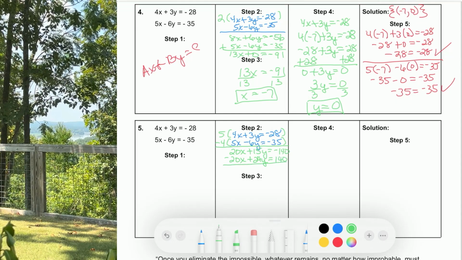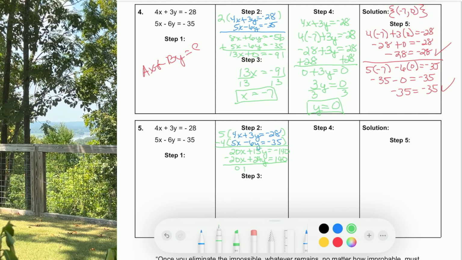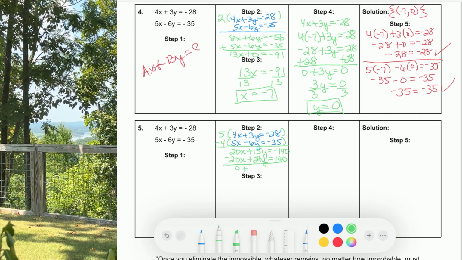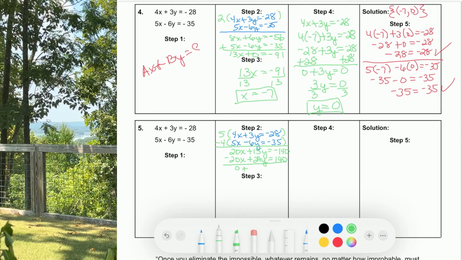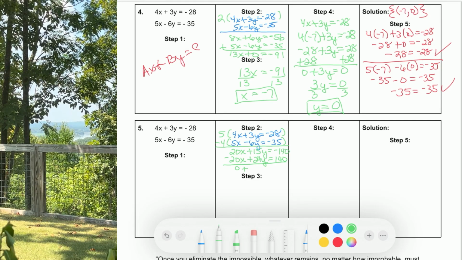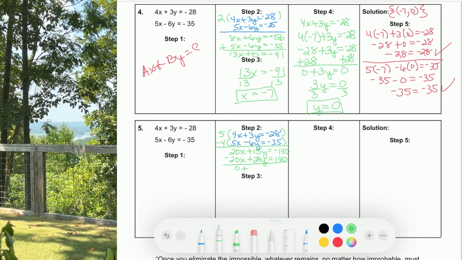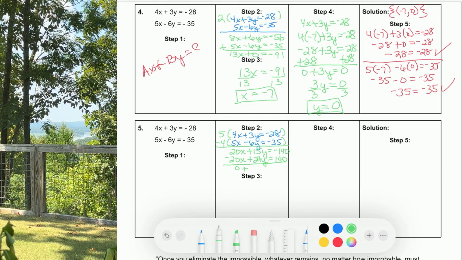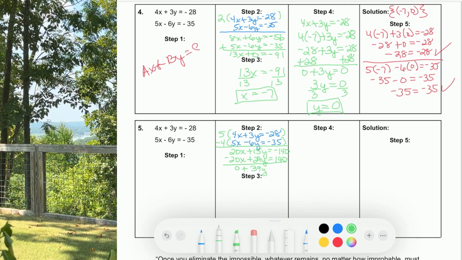Let's go ahead and combine. We get 0 plus 15 plus 24. That's going to give us 39y equals 140.